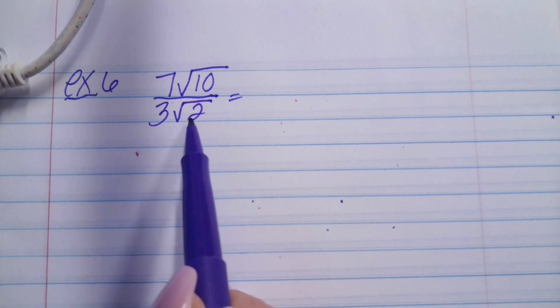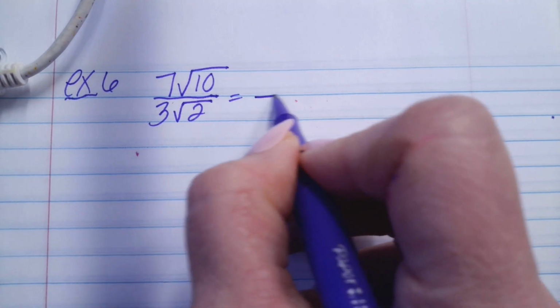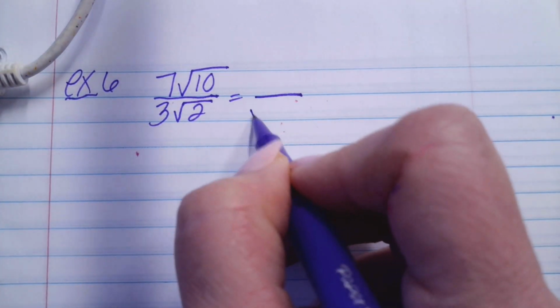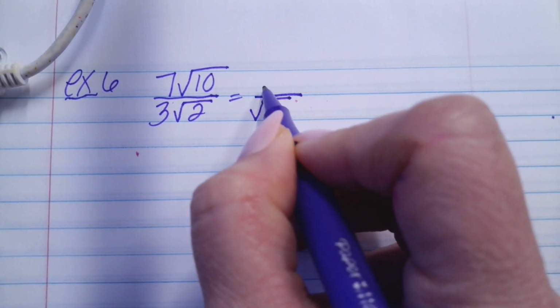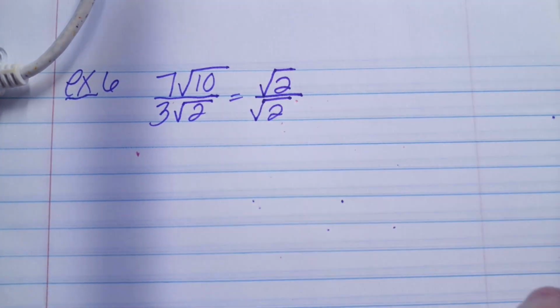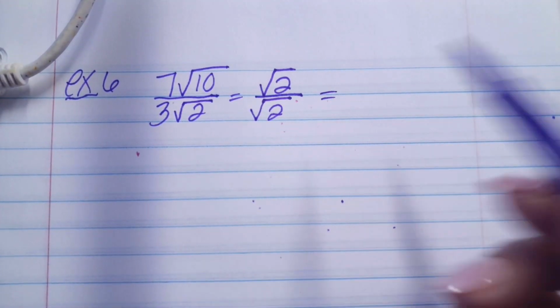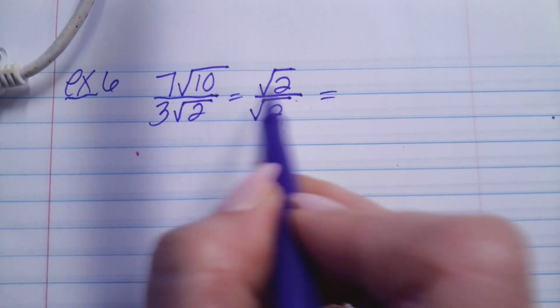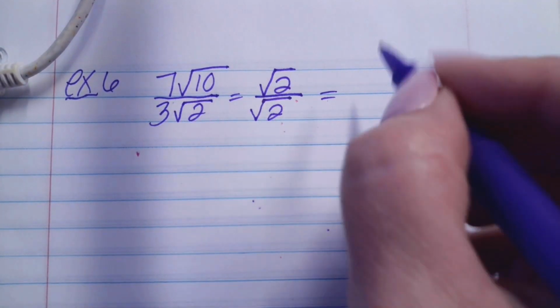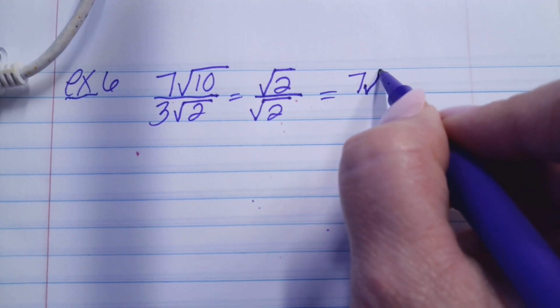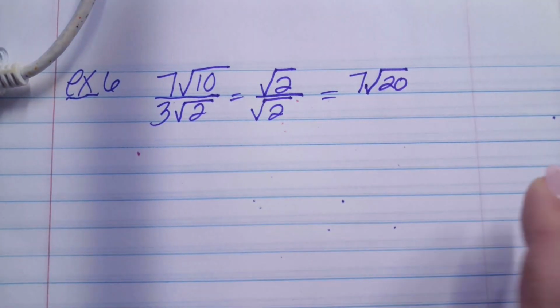We cannot have radical 2 on the bottom. So, Elva, what are we going to do? That's right. Multiply the top and the bottom by radical 2. Pay attention. Okay. Now what, Elva? Let's work up top here. 7 radical 20, she says.